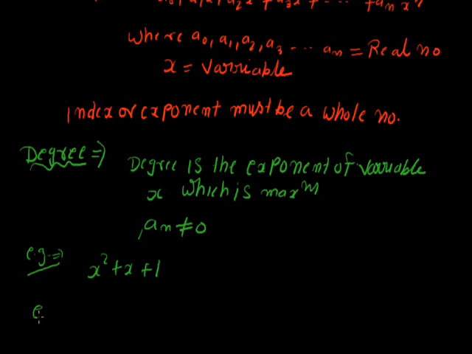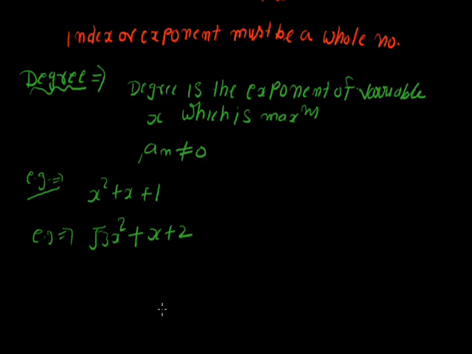Okay, if we come to the other example, root 3 x square plus x plus 2. Here also the degree of this polynomial is 2 because we have to observe the index of the variable. It is not concerned with the coefficients of the variable. So here the degree is also equal to 2.